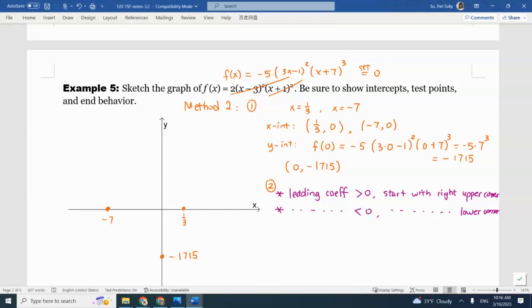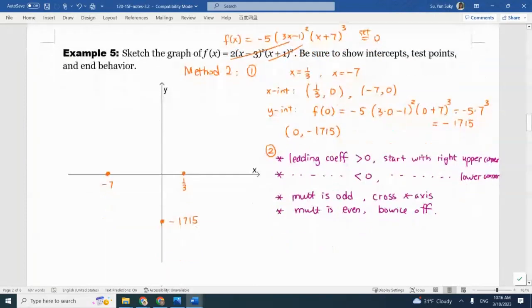And if the multiplicity is odd, we cross the x-axis. If multiplicity is even, we bounce off. So keep that in mind.